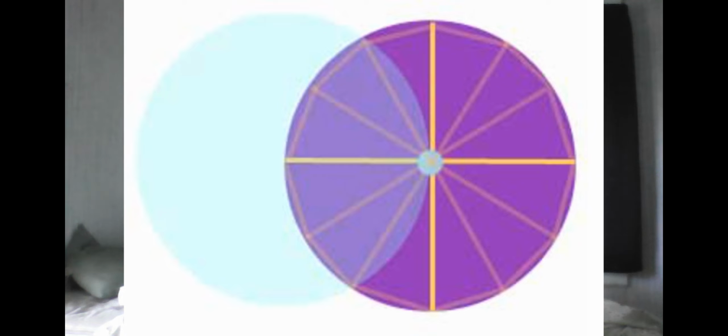We see, however, that we can make an even smoother shape by having a greater number of sides polygon, and so a greater number of triangles as a result.